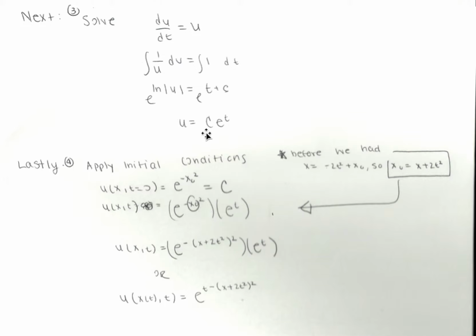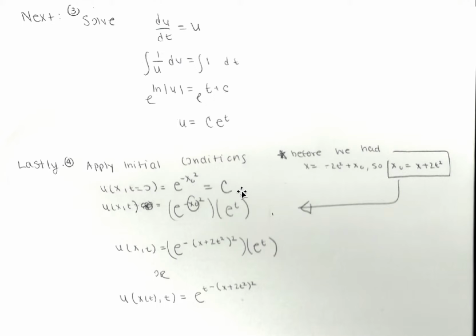Before finishing, we must solve for this constant c. To do this, we will apply our initial condition. Our initial condition given before was u of x at t equals 0 equals e to the negative x squared.